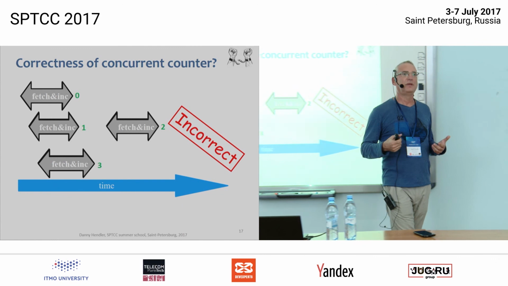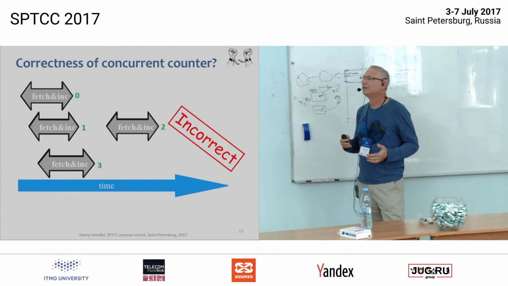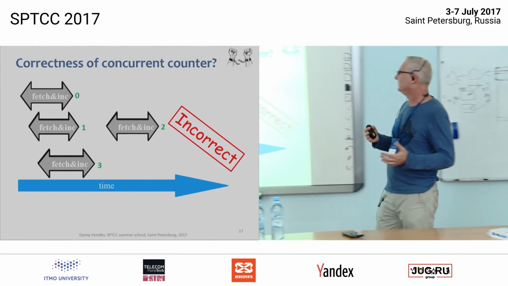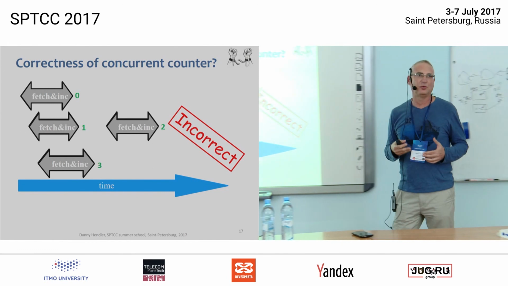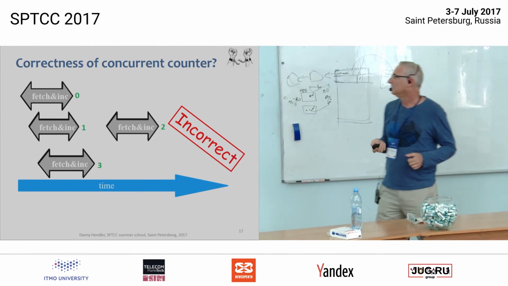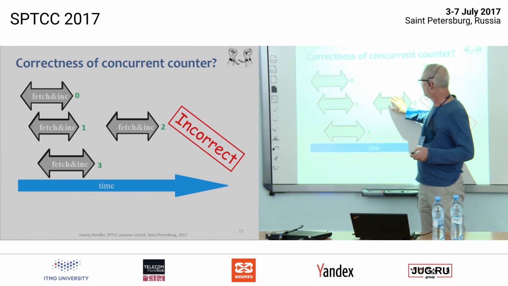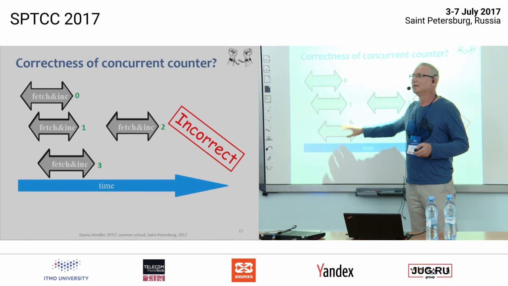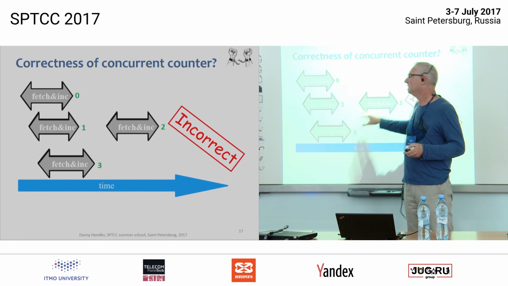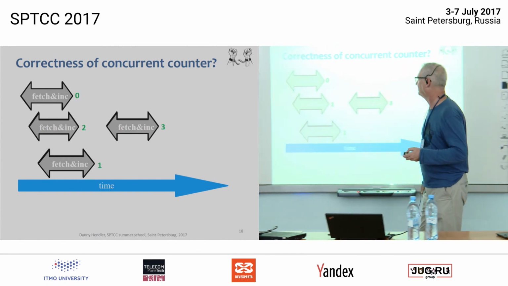So with linearizability, we also require that the values returned by the operations respect the order of the operations. So in this example, we have two operations, this one is strictly after this one, then the value returned by the later operation should be a number greater than the value returned by the previous operation.